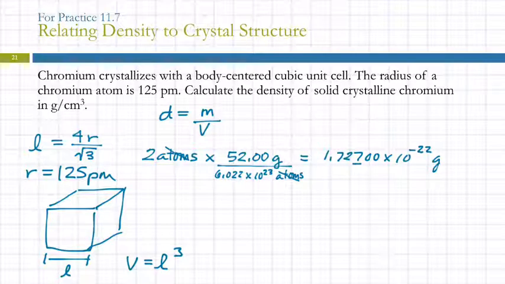2 atoms of chromium don't weigh very much. It's okay, their volume's going to be pretty small too. So that's the mass. The mass of 1 unit cell: 1.727 times 10 to the minus 22 grams.